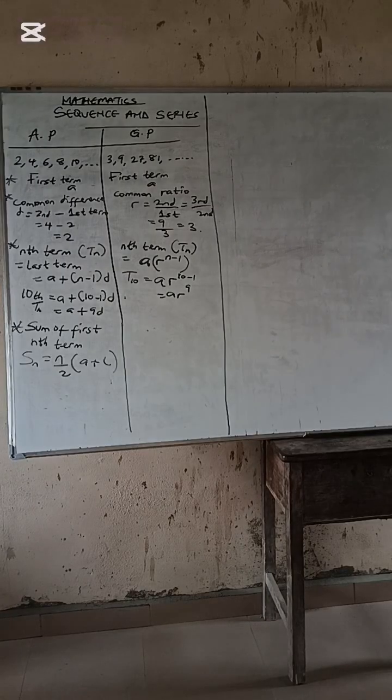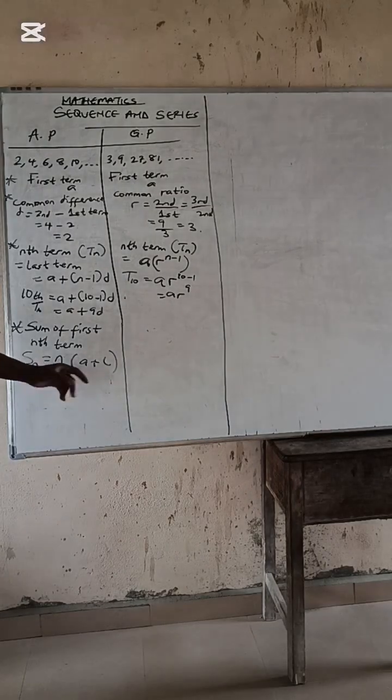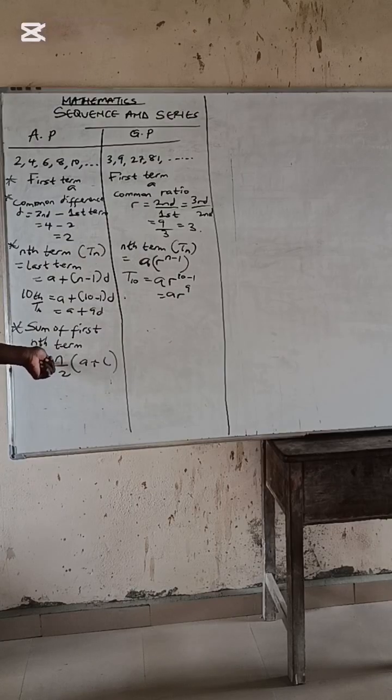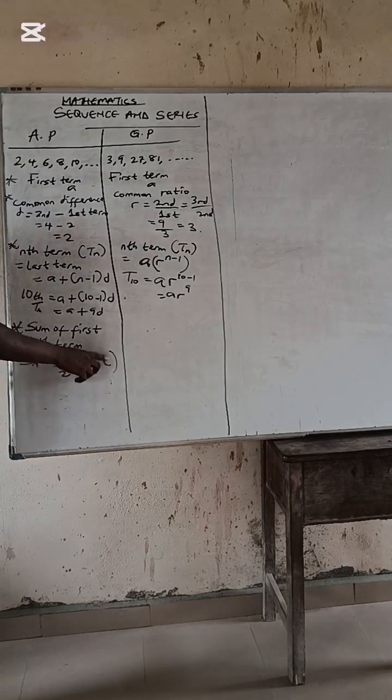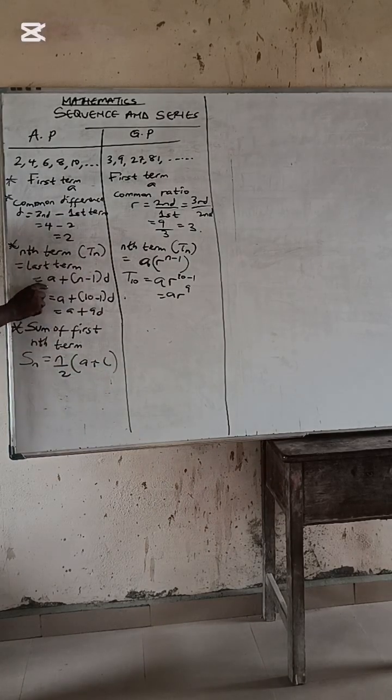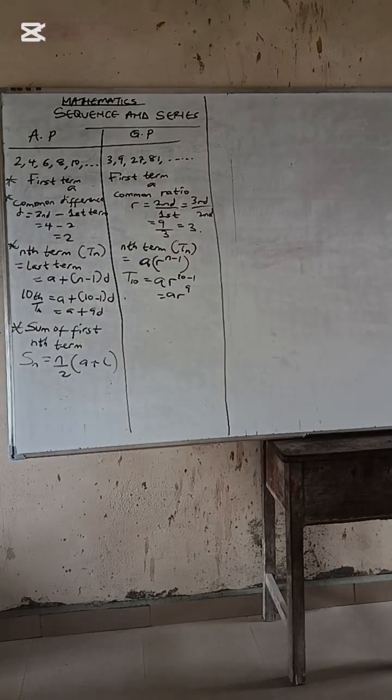Now when you say n over 2 into bracket a plus l, n is the number of terms, a is the first term, while l is the last term. Don't forget. And I said this l can be denoted by Tn, which can also give us this formula, a plus open bracket n minus 1 d.